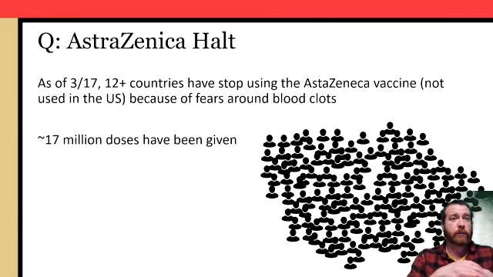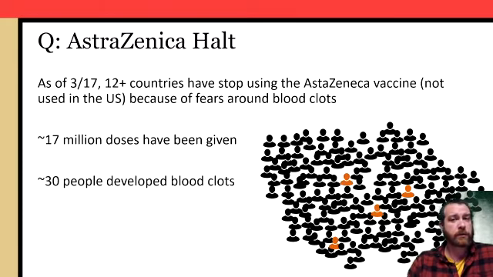AstraZeneca, again, is the one that's going to be given to pretty much the entire world other than the US, and it's very common internationally. The report that has caused all of this problem is the idea that 30 people have developed blood clots within a couple weeks of getting their shot. 17 million doses and 30 people, right?